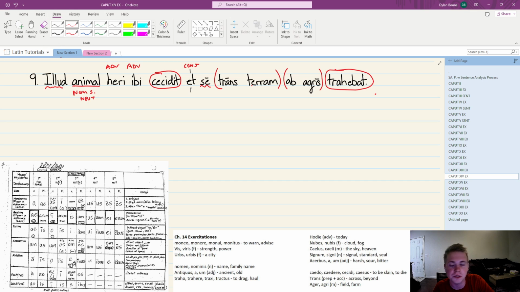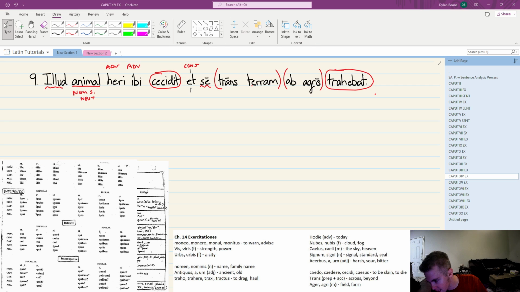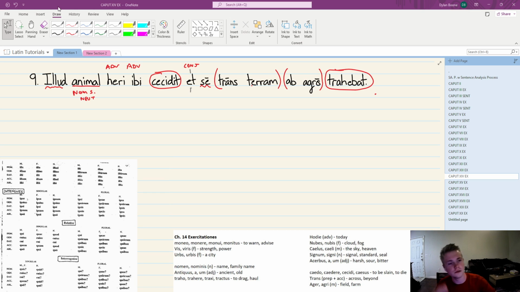Similar with illud. It's ille, illa, illud. So the neuter form of that gets you nominative singular neuter, which agrees, right? So that animal, the one that we're talking about specifically.